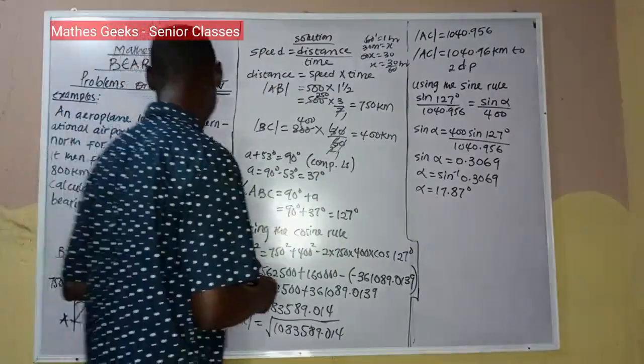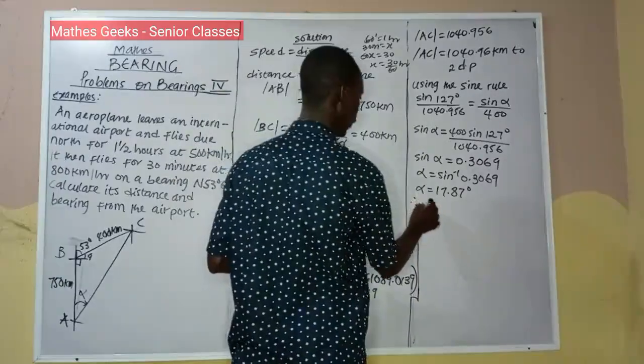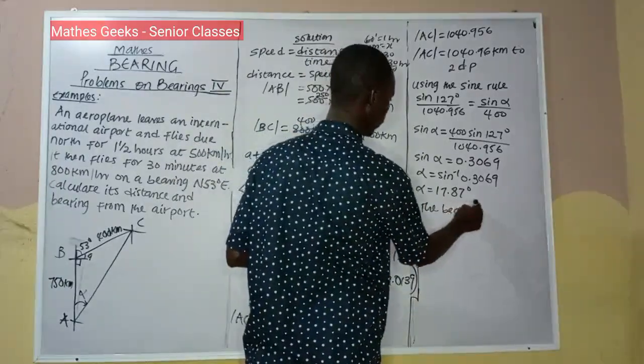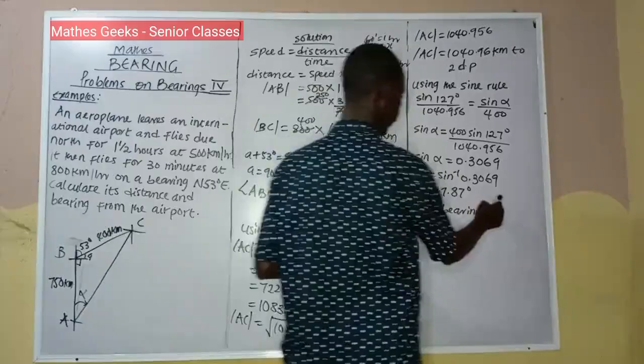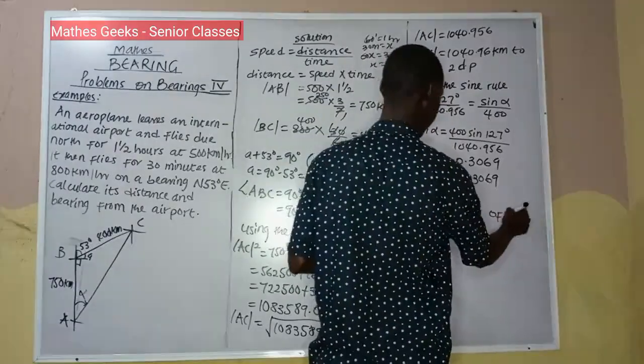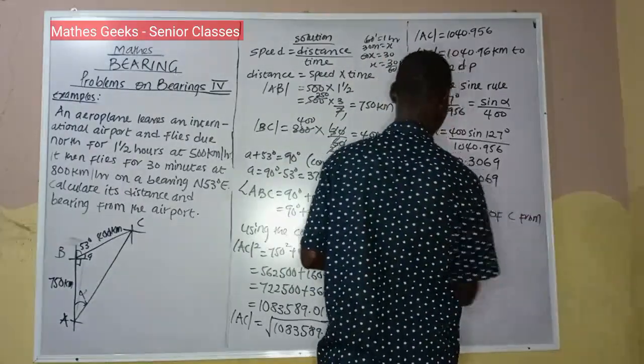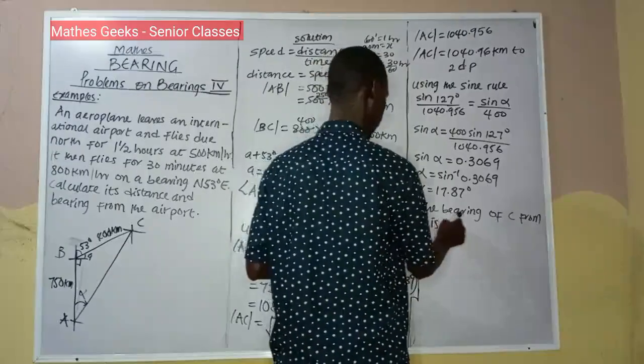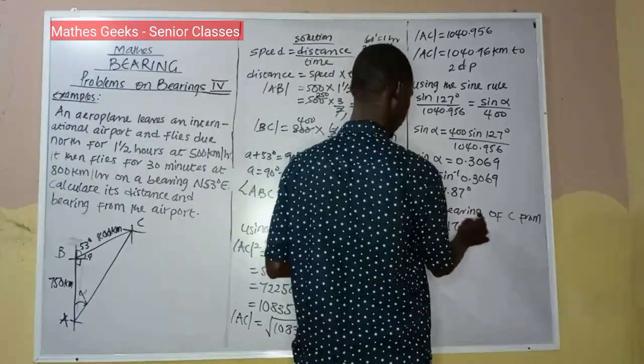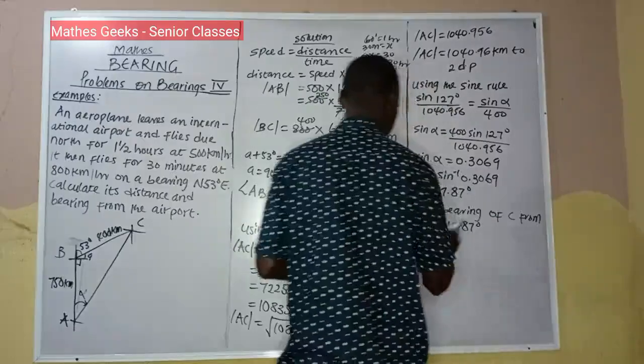So this tells us that therefore the bearing of C from A is 17.87 degrees.